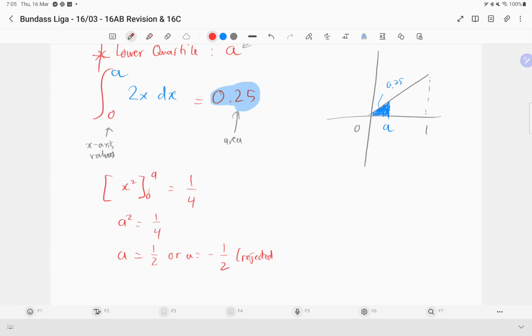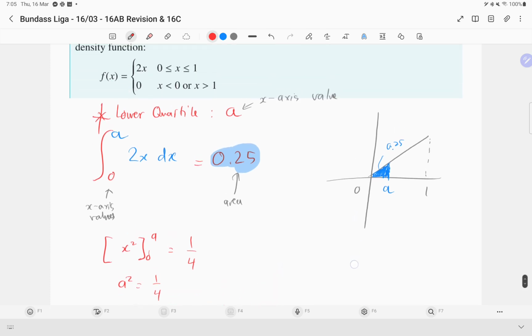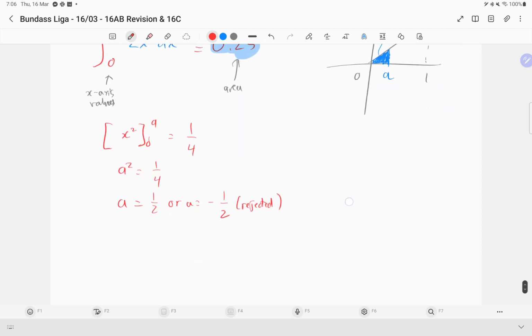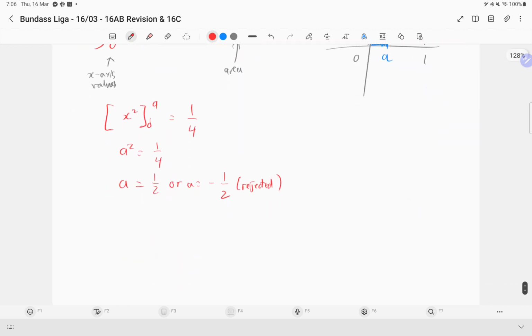Because it's above 0. Rejected because of the domain: the domain is from 0 to 1 only. You can't get any value less than 0 or more than 1. There's no way A can be at a point where the area to the left is already 1. When solving, you have to pick the right value. So A equals 1 over 2.